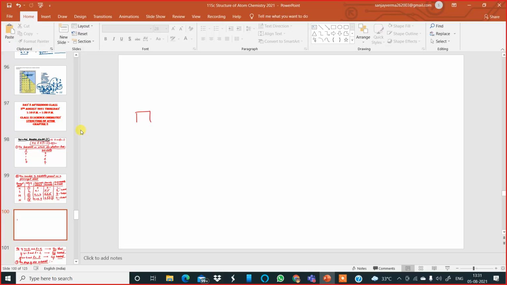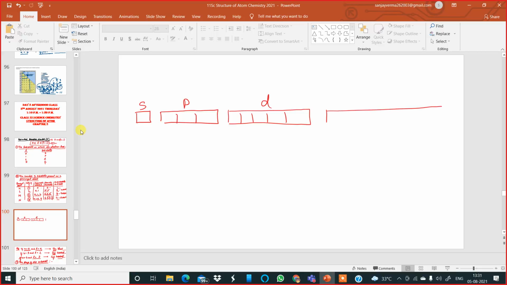Now have a look. This is the s orbital, then the p orbitals, three of them, then the d orbitals, 1, 2, 3, 4 and 5, and the f orbitals, 1, 2, 3, 4, 5, 6 and 7.